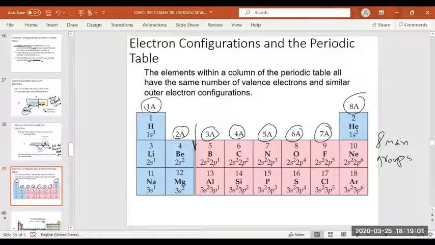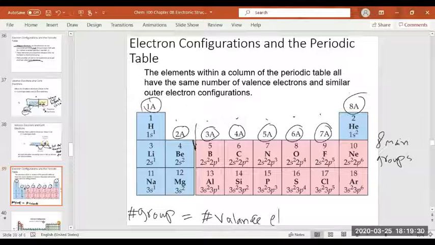Here we have transition metals and inner transition metals, so these are not included. I'm talking about the 8 main groups, group 1, 2, 3, 4, 5, 6, 7, 8. The number of that group represents the number of valence electrons.